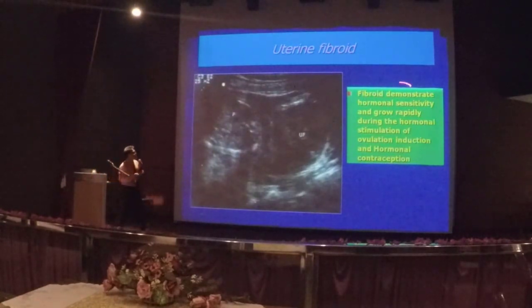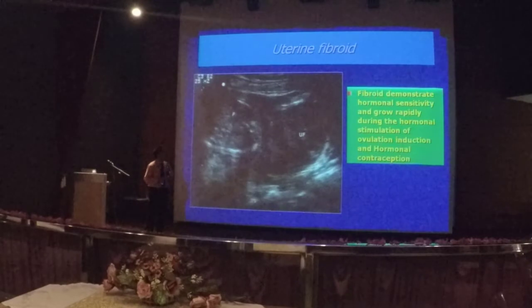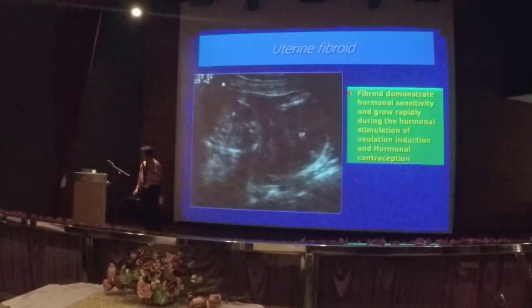So the fibroid also demonstrates hormonal sensitivity. That's a theoretical fact that we need to know. It grows rapidly during hormonal stimulation, for example during pregnancy, because pregnancy is a lot of hormone stimulation, and ovulation induction and hormonal contraception. But in the current era, for me, I see fibroid stimulated by supplements more common than fibroid stimulated by COCP.